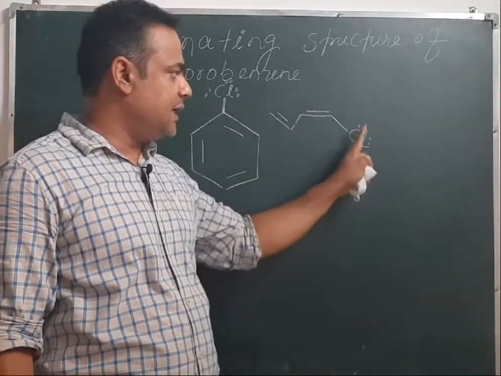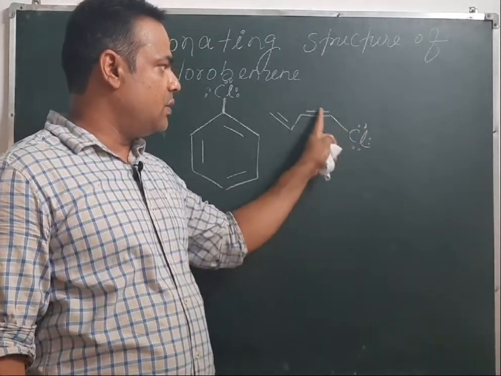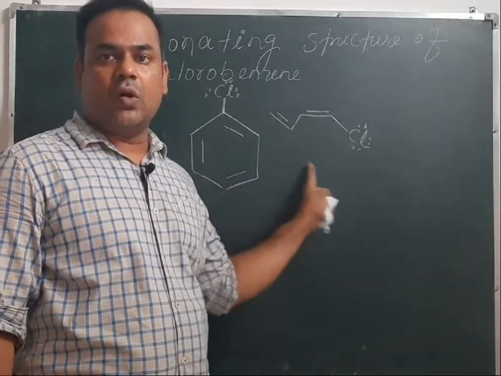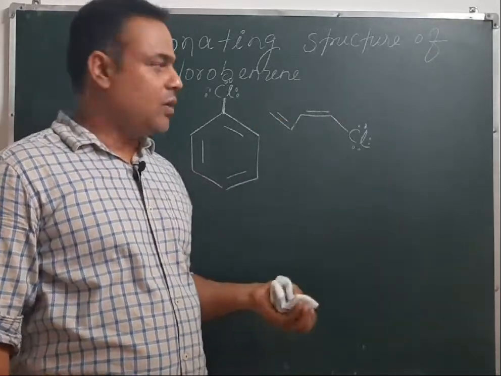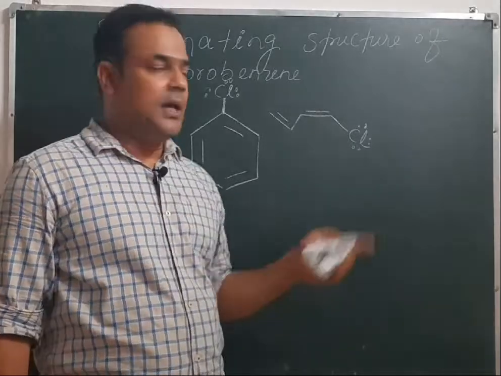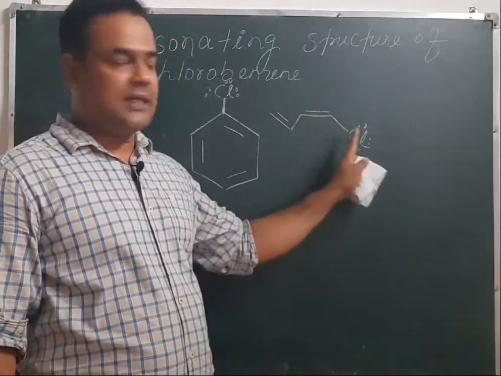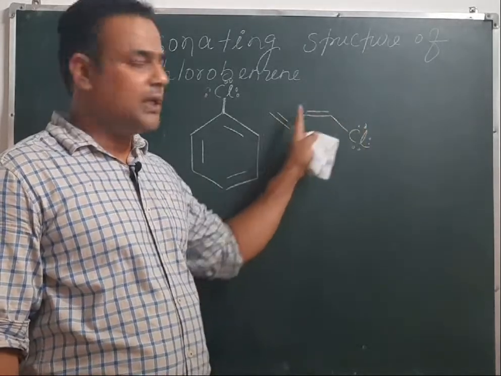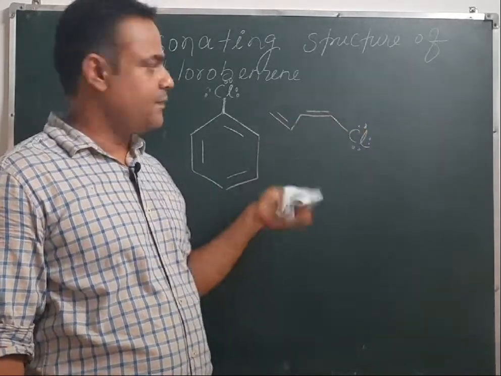Means the arrangement should be like this: lone pair, single bond, double bond, single bond, double bond. If such an arrangement is there, then it is called a conjugated compound. And in a conjugated compound, if a lone pair is in conjugation, then this lone pair will undergo resonance. If a double bond is in conjugation, then the double bond will go in resonance.